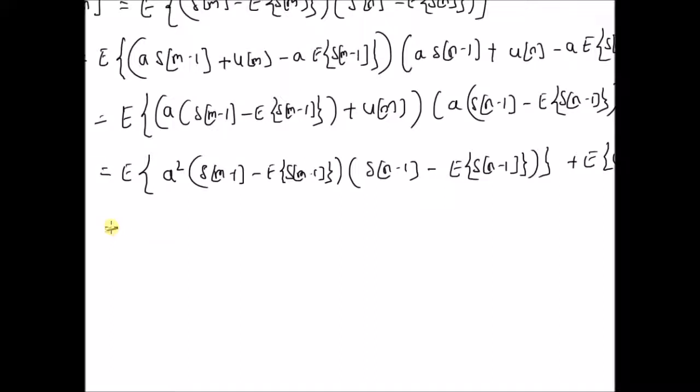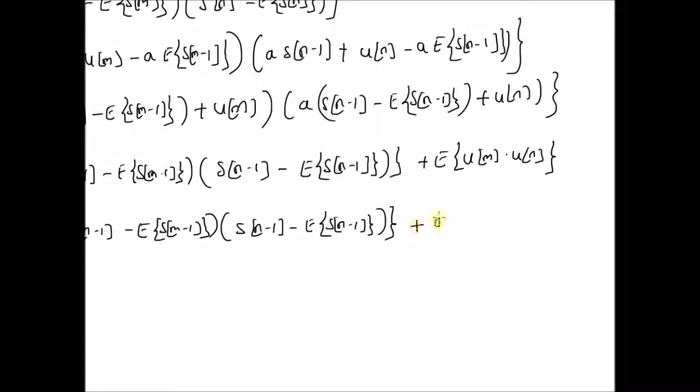So this is equal to a square multiplied by expectation of S of m minus 1 minus expectation of S of m minus 1 into S of n minus 1 minus its expectation. This is clearly the covariance for the previous terms. And then we have the variance of the error term, which is sigma square u.